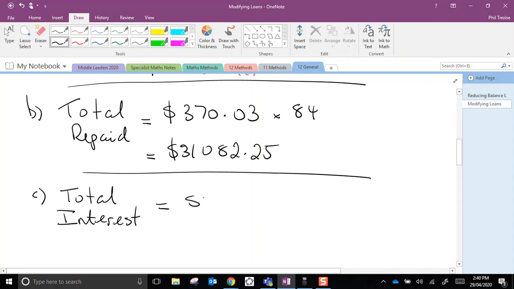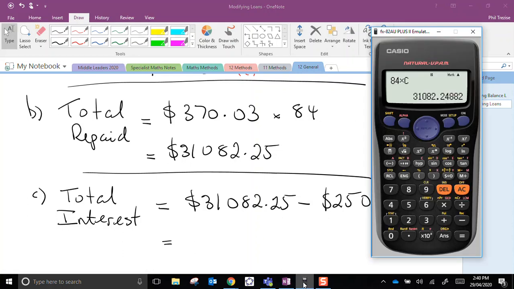If you have paid the bank $31,082.25, you originally borrowed $25,000. Well, how much more have you given them back than what they loaned you? It's a subtraction. So we subtract the original $25,000 principal. I probably could have done that one without a calculator.